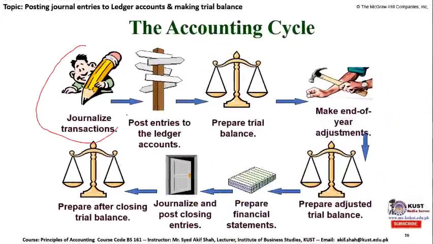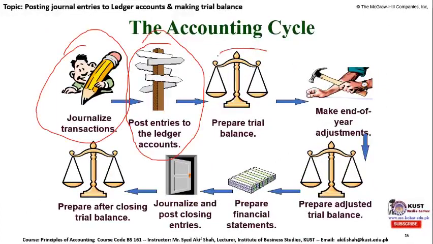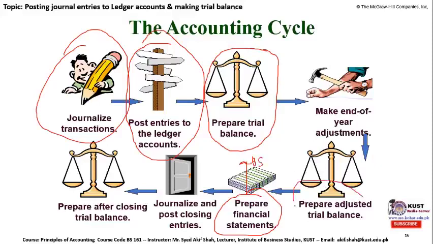We have completed the journal in this numerical illustration, posted those entries into the ledger accounts, and then made the trial balance. But to make the financial statements, which include the balance sheet, the balance sheet should be made from the previous step, which is the adjusted trial balance, not the trial balance.